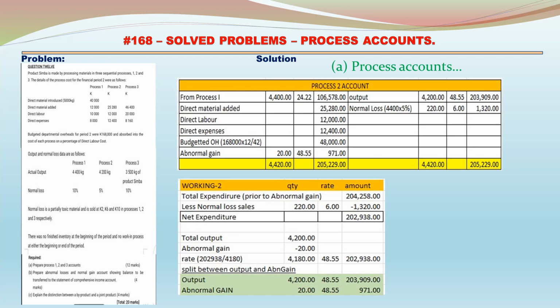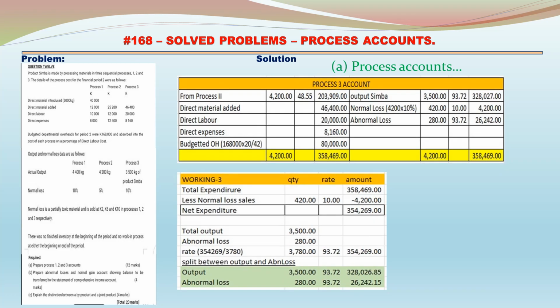Rate is equal to 202,938 by 4180 per kg. It is 48.55. So output cost is 4200 units into 48.55 is equal to 203,909. Abnormal gain value is 20 into 48.55, 971.